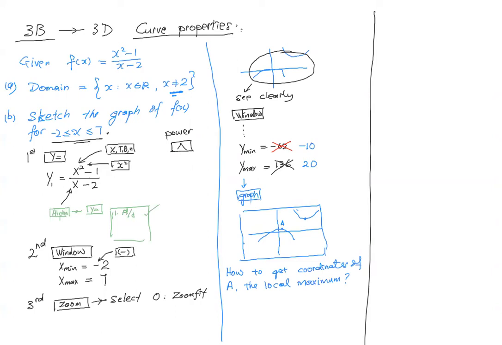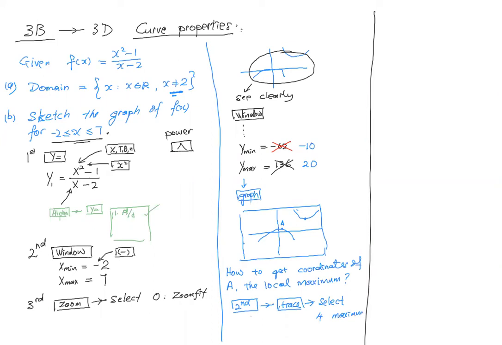Aiman, describe to me how to get the point. Miss, second, then trace. Okay, go slowly so that your friend can follow. Second, then trace. Select what? Select number 4, maximum.